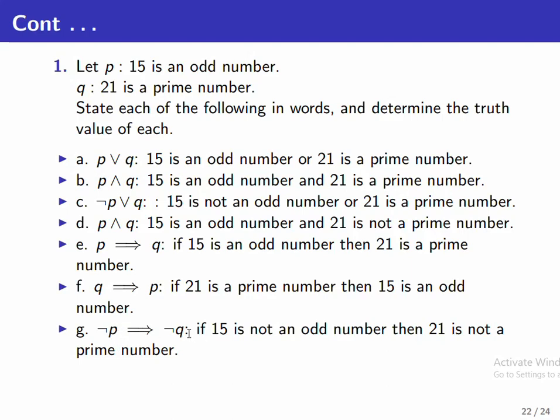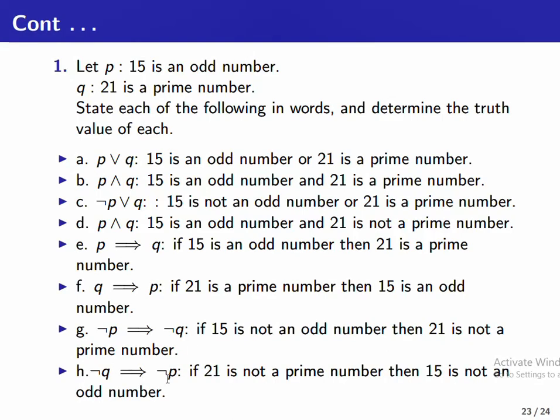Implies negation Q. Since Q is false, negation Q is true. So we have false implies true, which has truth value true, because false implies true is always true. So negation P implies negation Q is true.